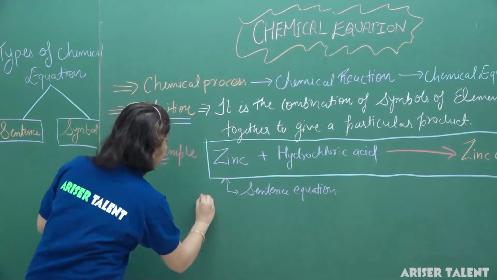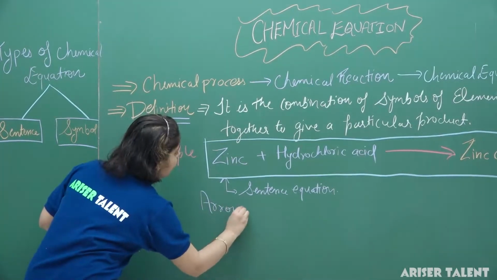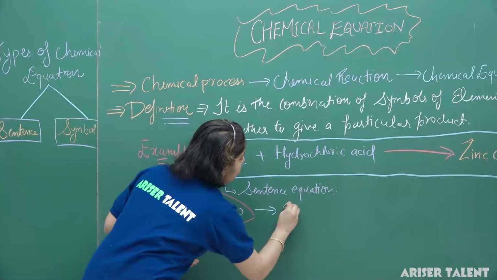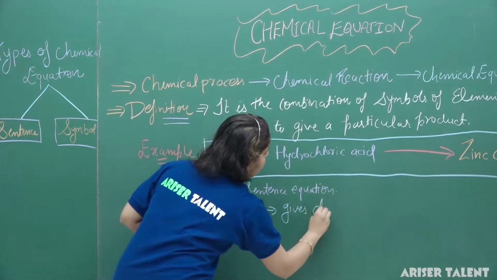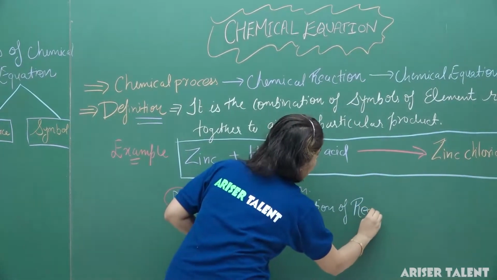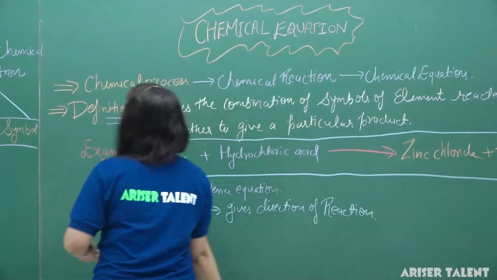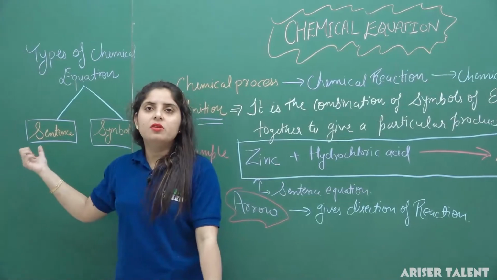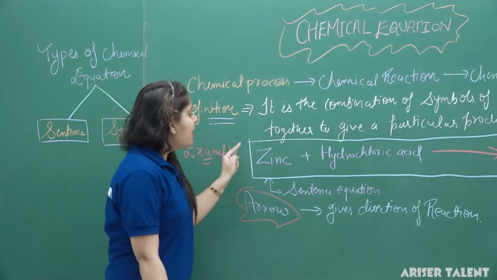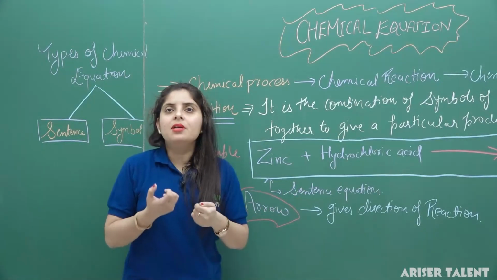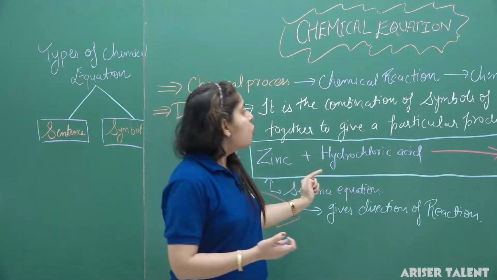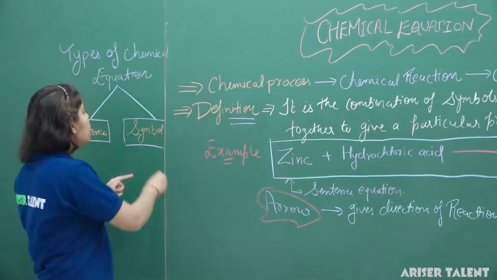So that is all about the sentence equation, but we can see that writing any sentence equation is very time consuming and inconvenient, and it will not give the complete information of any reaction. So we prefer to write the equation in symbolic form.